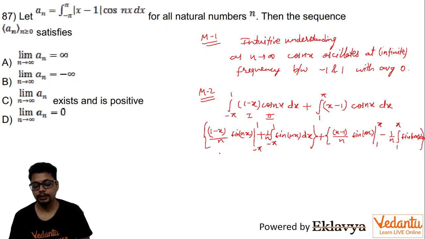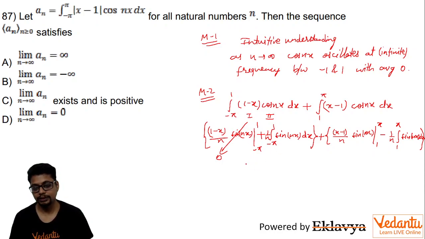As you put limits, n is some natural number, so sin of n times minus pi would be 0, and at 1, 1 minus x becomes 0, so essentially this is becoming 0.